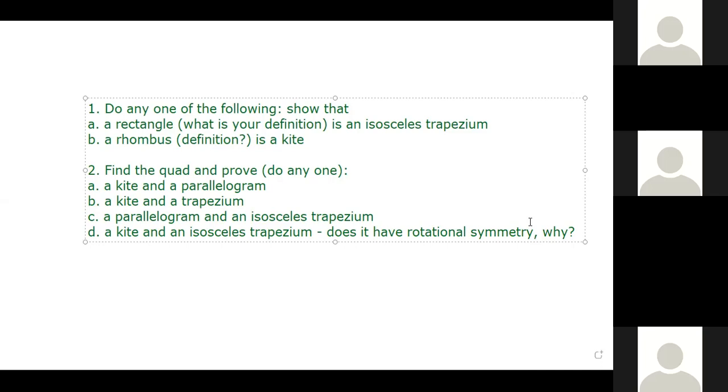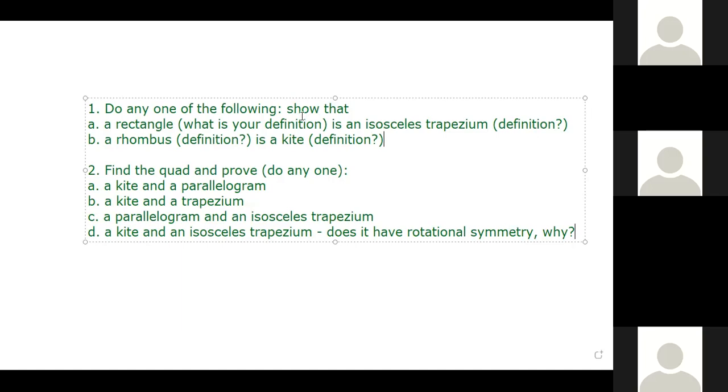So in case of both, whether it is an isosceles trapezium or a kite or a rectangle or a rhombus, in each case you have to very clearly state what you mean by an isosceles trapezium, what you mean by a kite. So this first definition of a rectangle is your starting point. This is what you have. And the second one, the isosceles trapezium or kite, that is what you need to achieve. That's where you need to go.